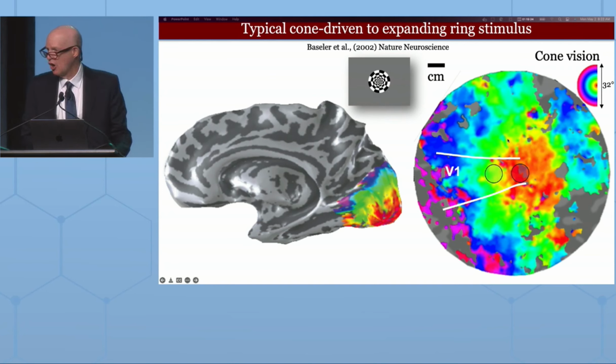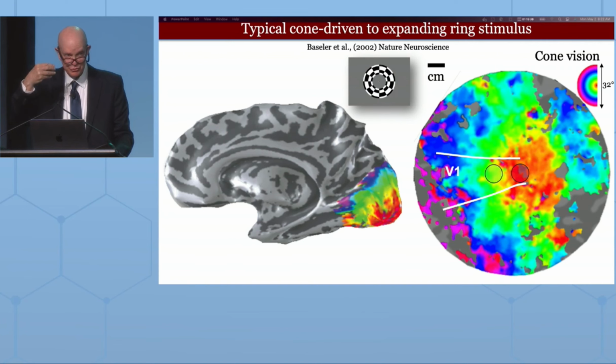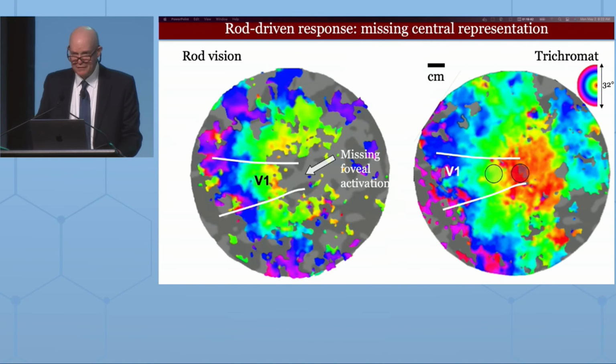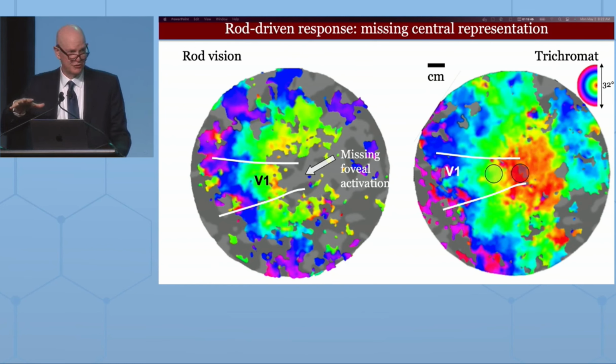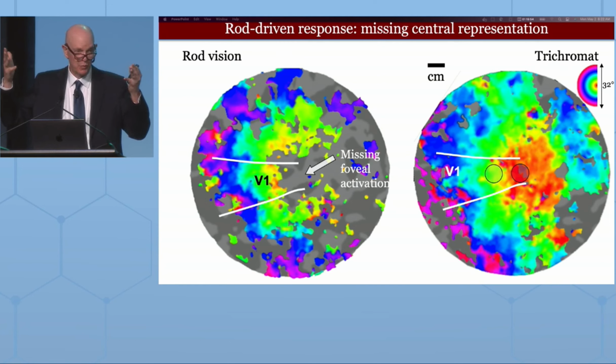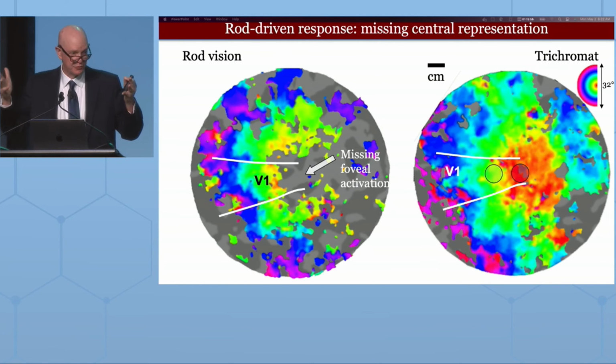And you can see what a large amount of area is actually representing the very, very central foveal part of the visual field. Well, if you take a normal subject and put them under scotopic conditions so that they're only using their rods, it's easy to see that there's a massive amount of silent cortex, just not responsive, even though right next to it, where the rods are present, it is responding.